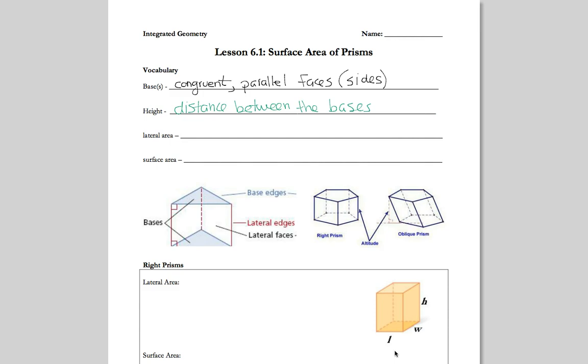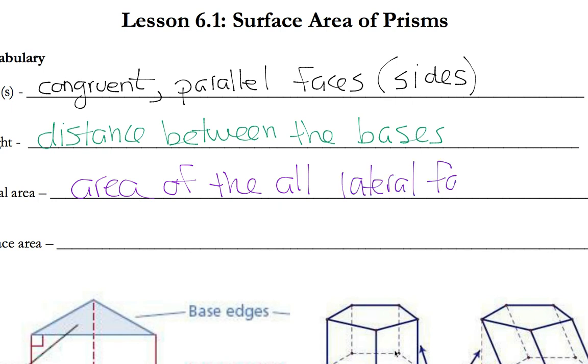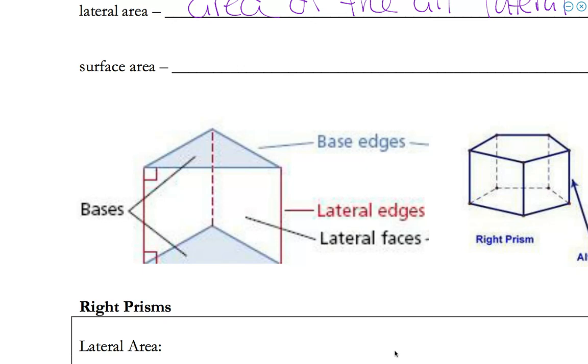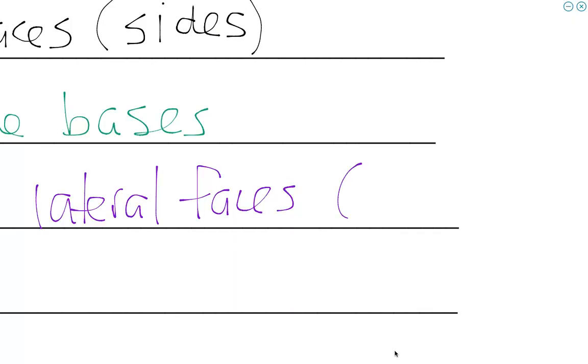Lateral area is going to be the area of all lateral faces. Well, what does lateral mean? If we look down here, a lateral face, and I'm going to use a little bit more informal way of writing this, if this was a room, it would be all the walls.